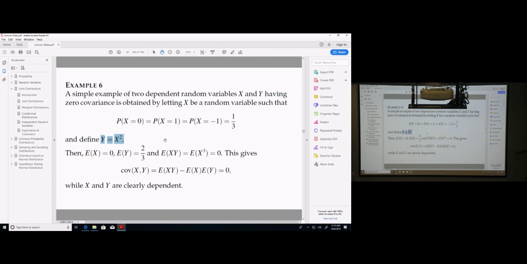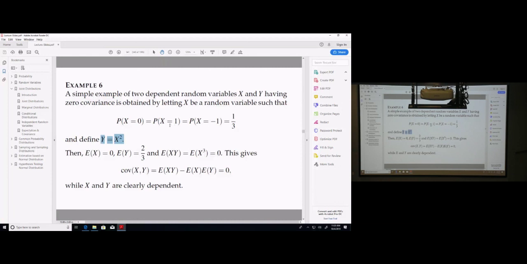The idea is that this probability mass function is symmetric at 0, because it takes the values minus 1, 0, and 1, each with mass 1/3. Now, if it is symmetric at 0, the expectation of x cubed would be the same as the expectation of minus x to the power 3, and so you should be able to prove that this has to be 0.